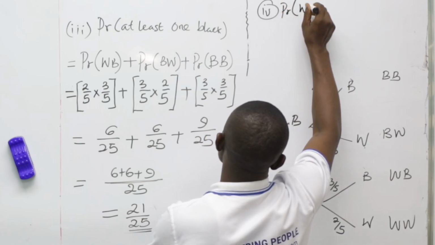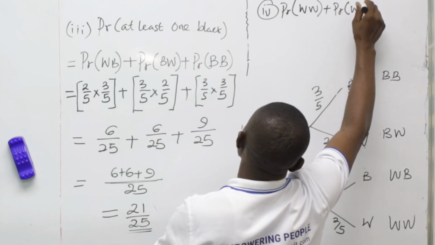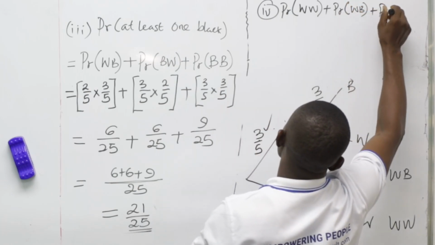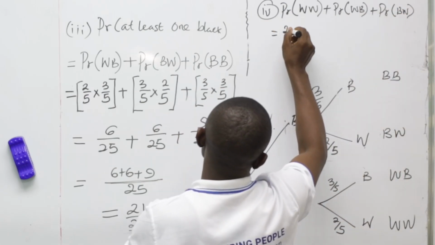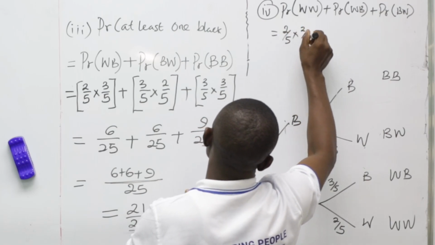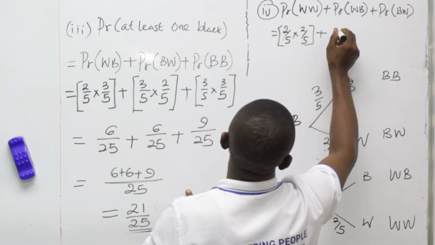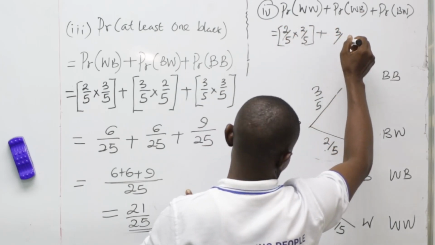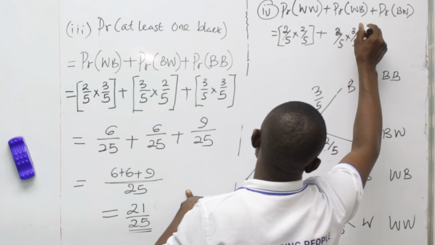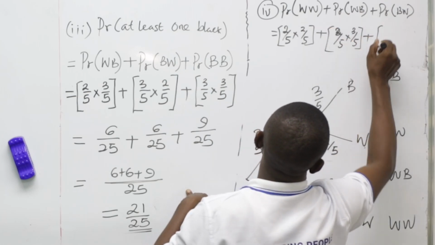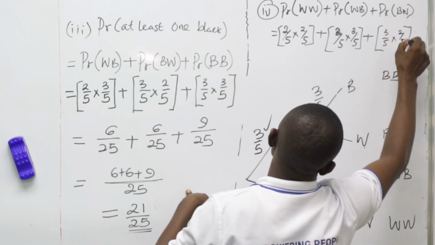PR of white white plus PR of white black plus PR of black white, but not black black, to give us 2 over 5 times 2 over 5 plus 2 over 5 times 3 over 5 plus 3 over 5 times 2 over 5.